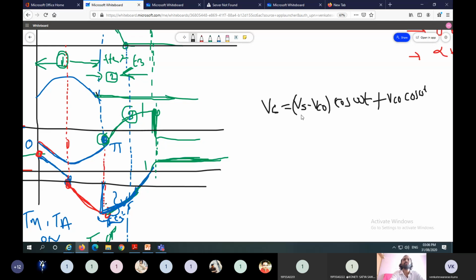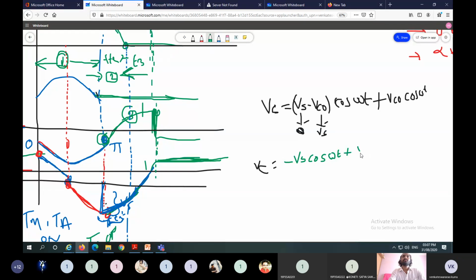So in this time period there is no voltage, Vs is 0, and Vc naught means Vs. Vc equal to minus Vs cos omega t.